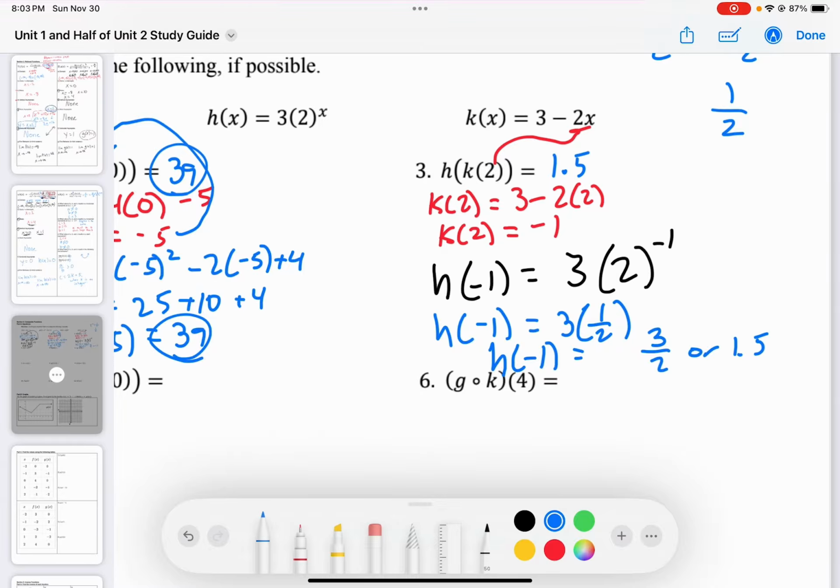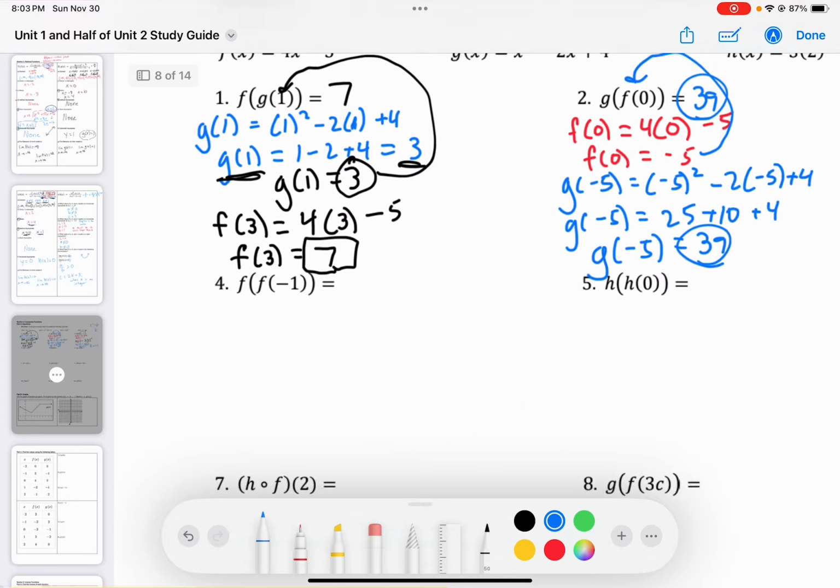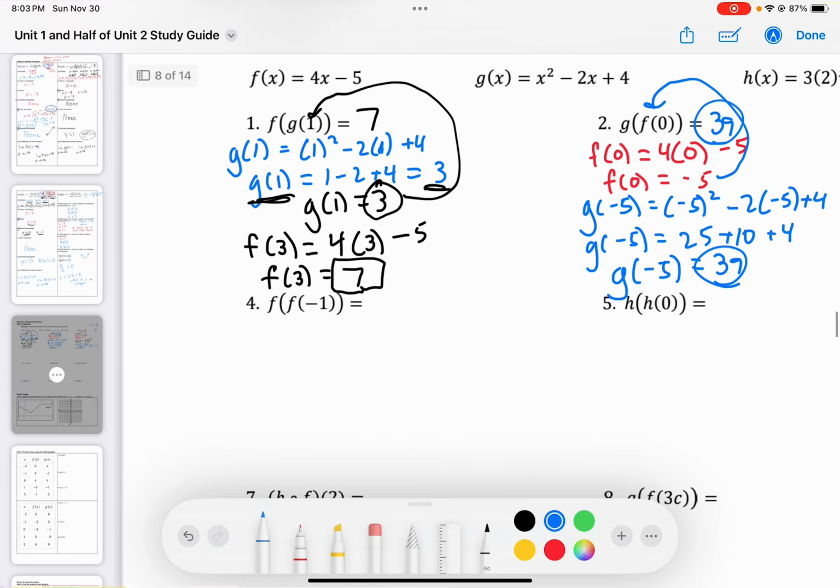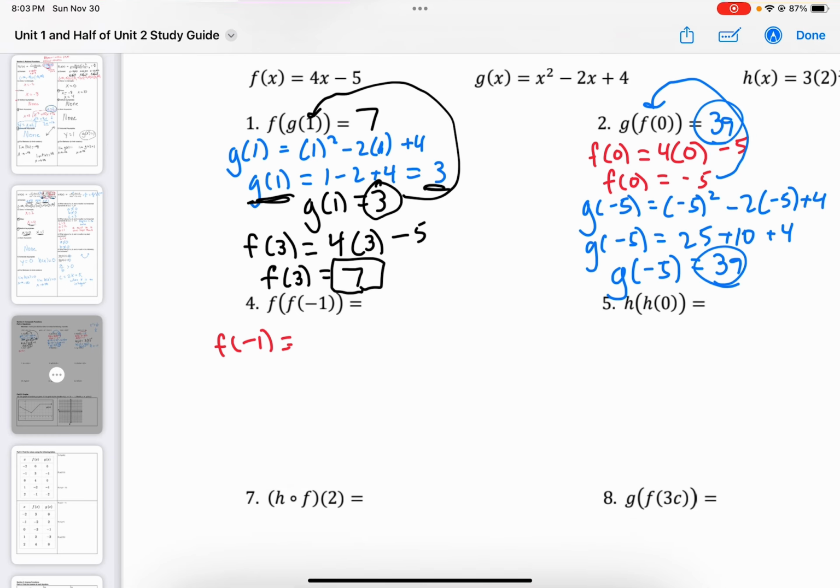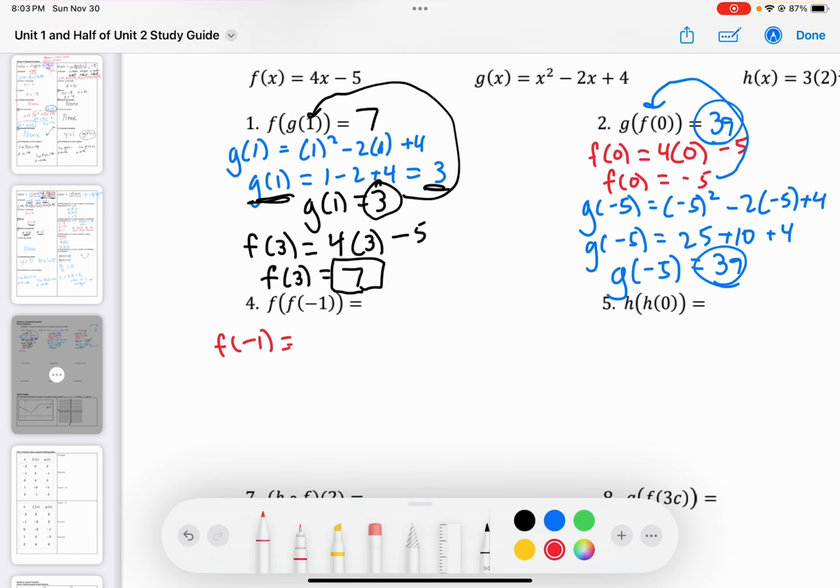All right. Okay, so now we have the f of f of negative 1. So I'm going to take the f of negative 1. So 4 times negative 1 minus 5. F of negative 1 equals negative 4 minus 5, which is negative 9.